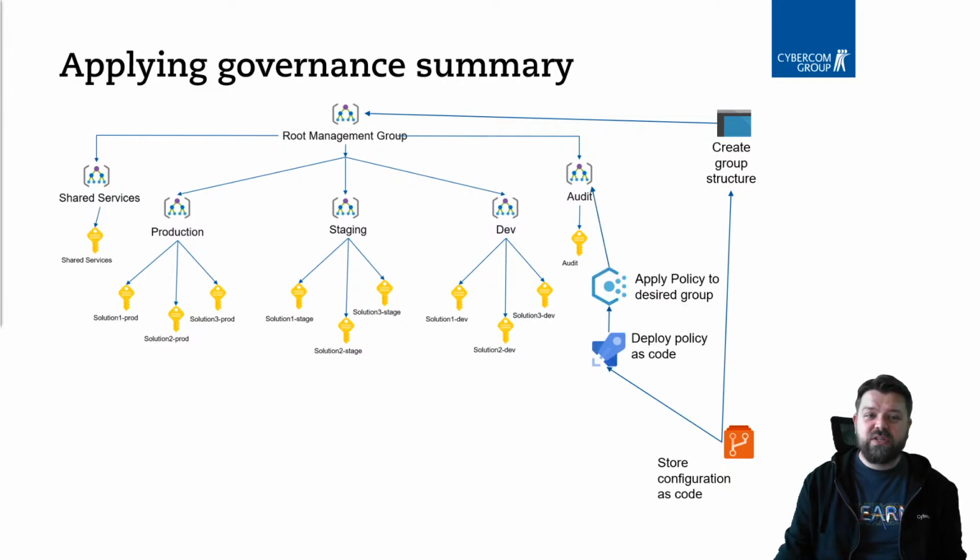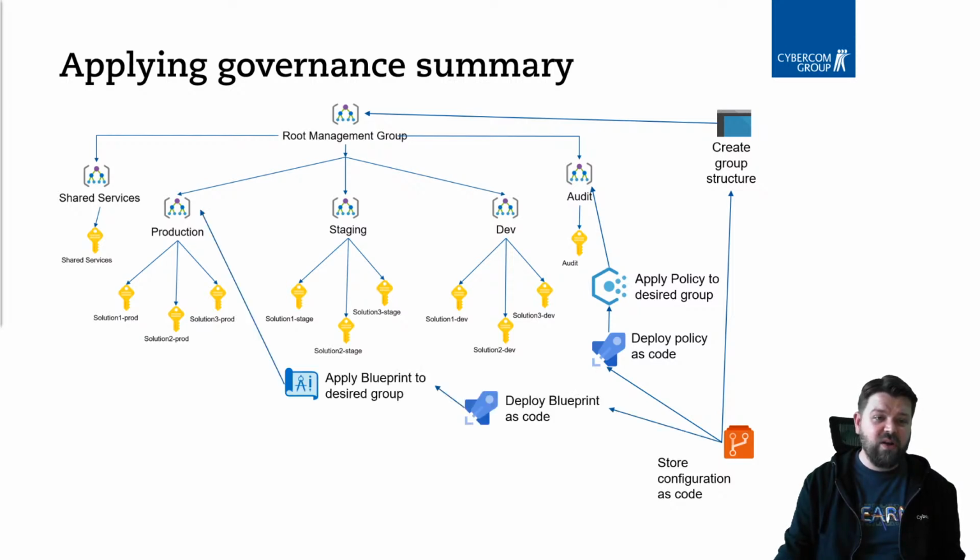The next step to this would be to have policies. You set up policies, what you want to have. As I said, you can set up policy as code, so you have a pipeline creating the policy setups into the management groups. After the second step, you have a certain structure in there. You have the security guidelines, and now you can set up your blueprints.